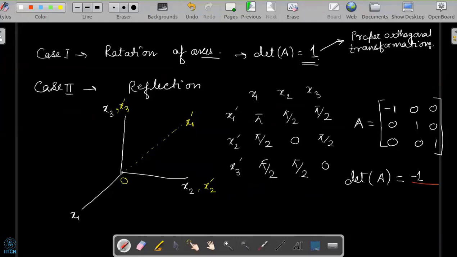When determinant is equal to -1, then this condition is known as improper orthogonal transformation.